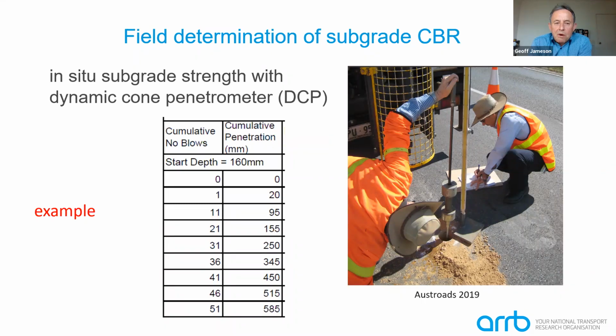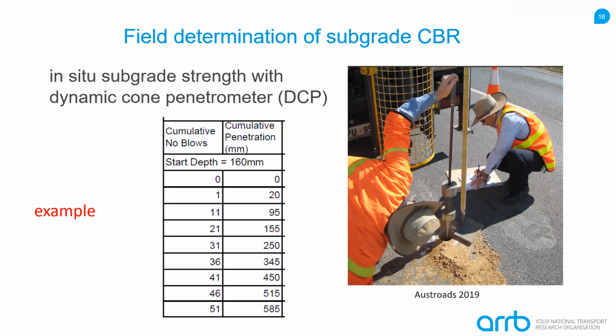Yeah, we're largely silent on providing guidance on that in the Austroads system. But I think the general consensus would be that it would be the top 300 millimeters of the subgrade, because that's often the limiting value.